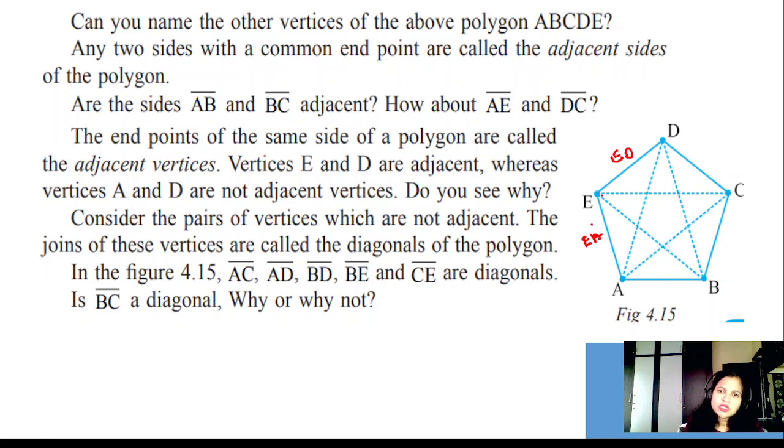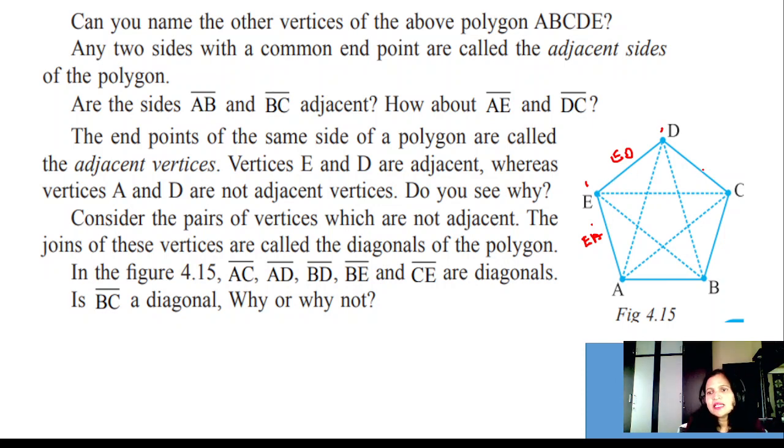ED and DC are adjacent sides, DC and CB are adjacent sides, and BC and BA are adjacent sides. The endpoints of the same side of the polygon are called adjacent vertices. ED is a side. E and D are adjacent vertices of the side ED.